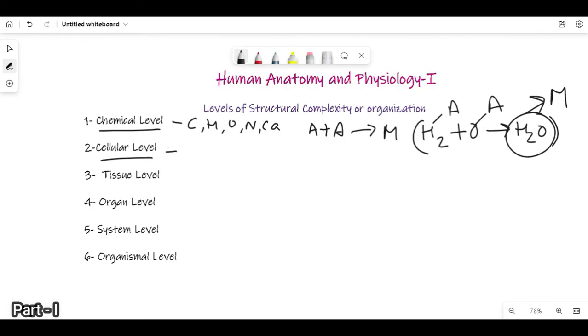At the cellular level, molecule plus molecule equals cell. And the cell is the basic structural and functional unit of an organism. The cell is composed of chemicals.